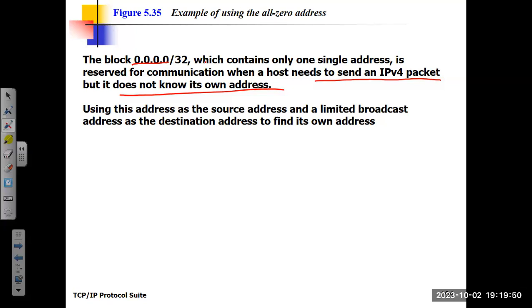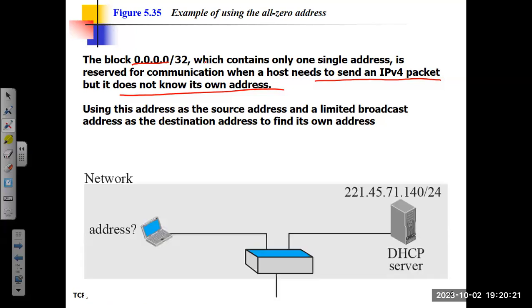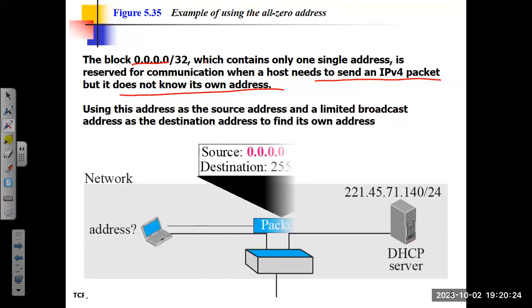I don't know what your IP address is. It's not my job to assign it. So it's going to go to all the devices, and then it's going to go to the DHCP. So what will the DHCP do? It will reply back to you, here's your IP. I will assign it. So now you have an IP. So that's why we're using this 0.0.0.0, to broadcast to everybody looking for your IP. So that's why no computer has the IP address 0.0.0.0. It's reserved.